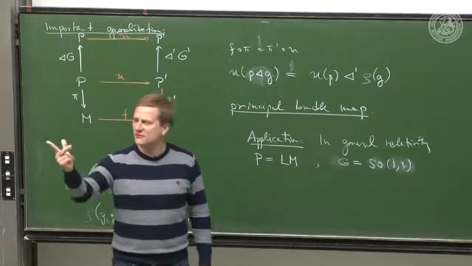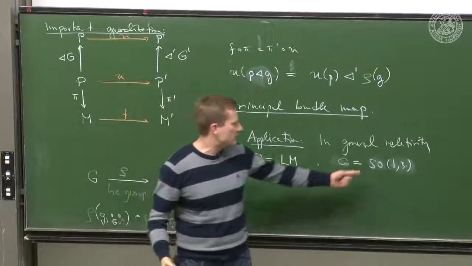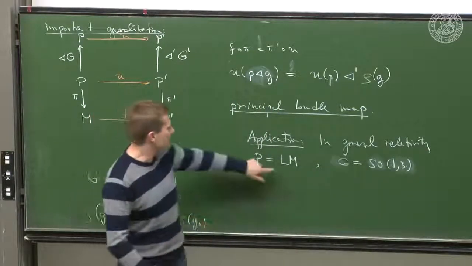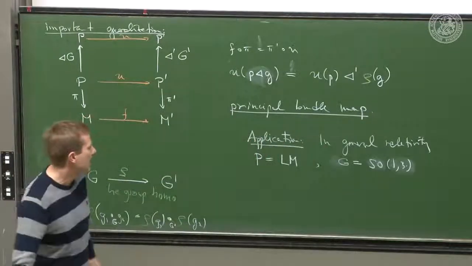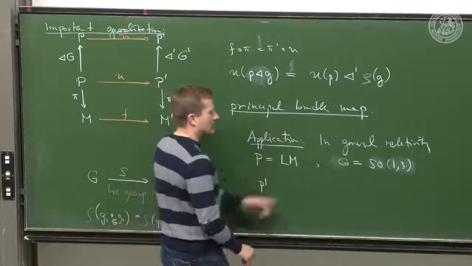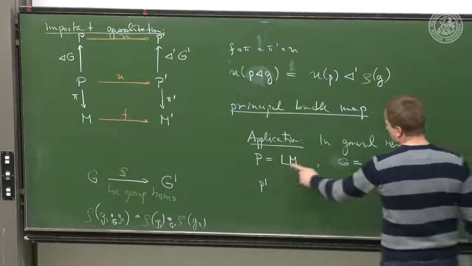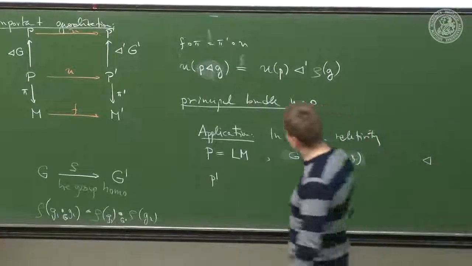Because now you can say this frame and that frame, only the ones that are related to each other by a Lorentz transformation make the orbits. Okay, but then you have to restrict this to only such frames and so on. And then you can define the action of the Lorentz transformation on this guy, well, that's formally like the one we had before.